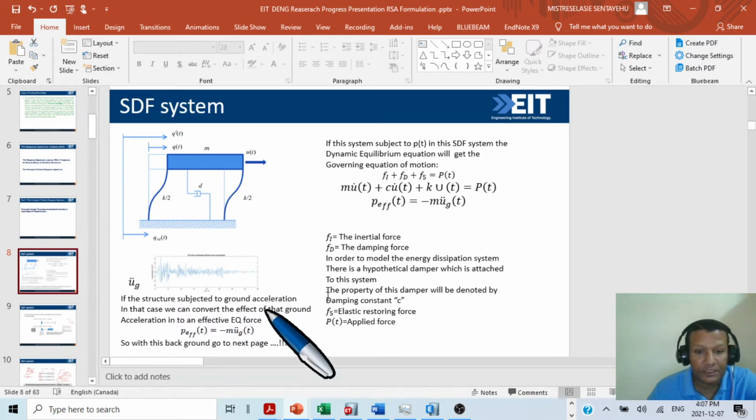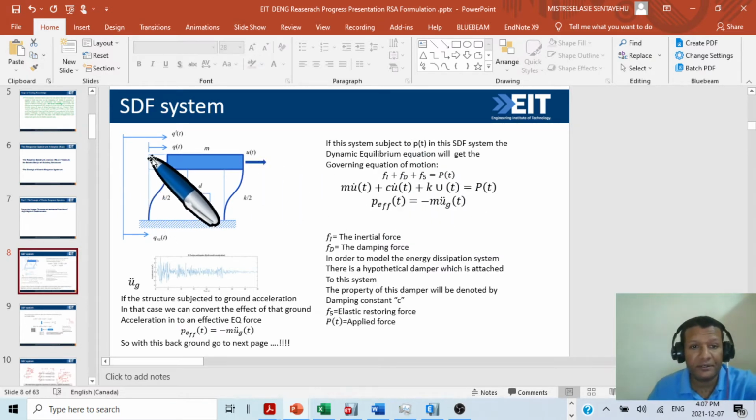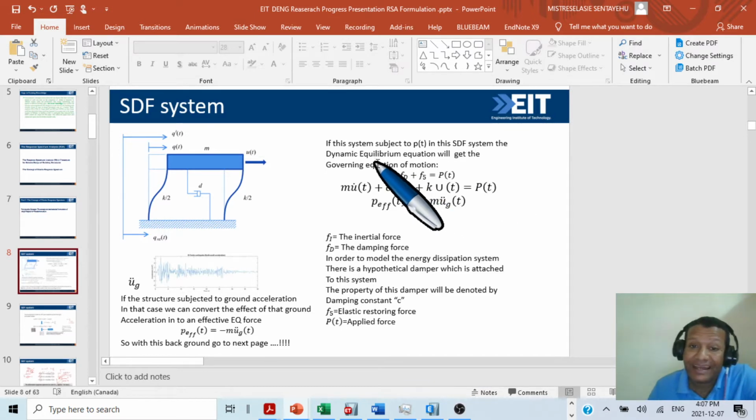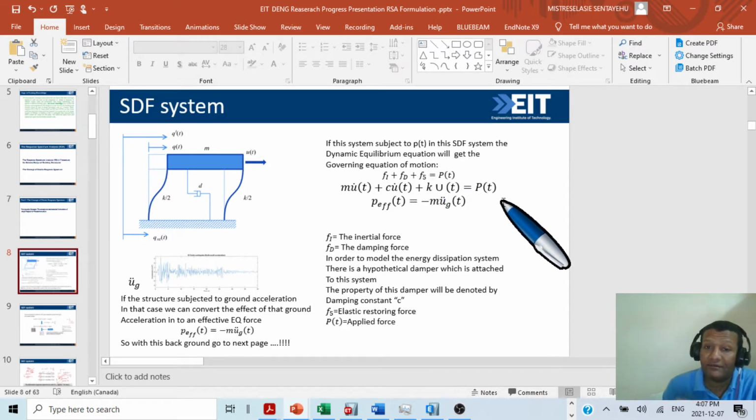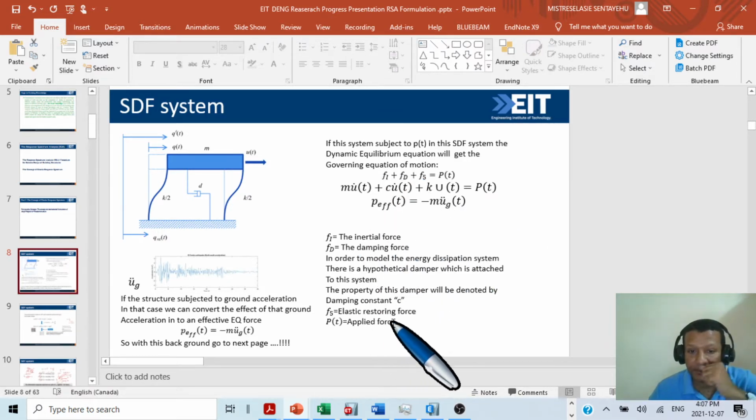So if this system is subject to P(t), the force P(t) here, in the single degree of freedom system, the dynamic equilibrium equation will give the governing equation of motion: the inertial force, the damping force, and the elastic restoring force, and P(t) will be the applied force.